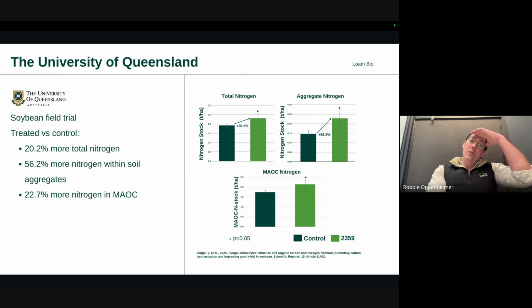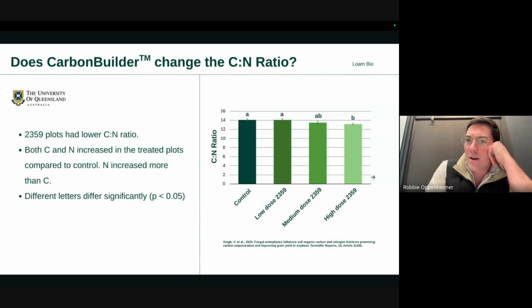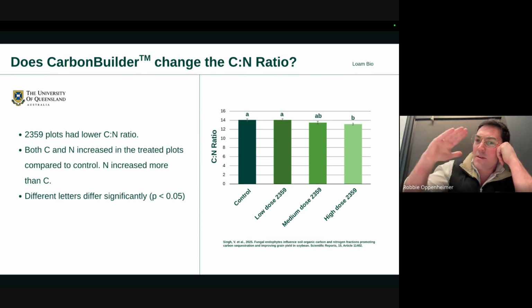The important point when looking at this is to say, how does this affect the carbon to nitrogen ratio? We don't want to make that same error that we saw in the long-term study at Condobolin, where there was an increase in carbon nitrogen ratio and then it was all lost.